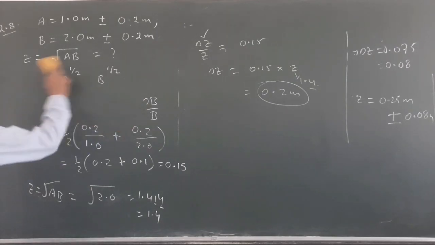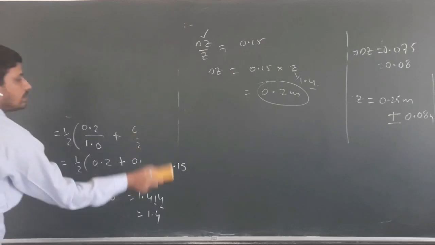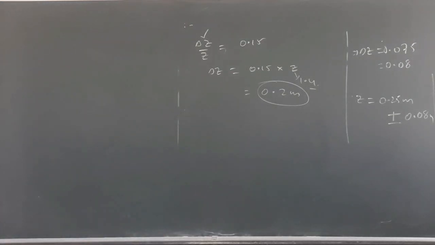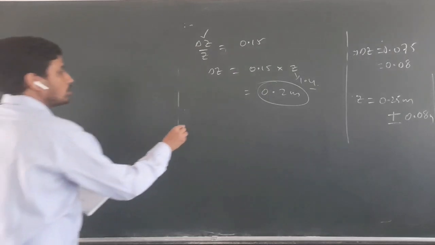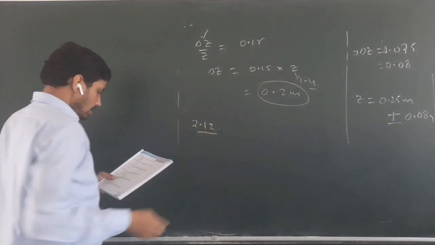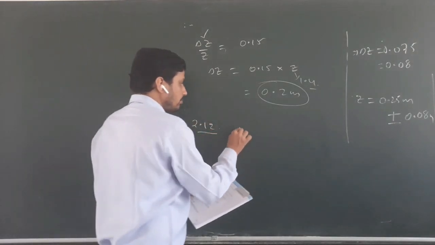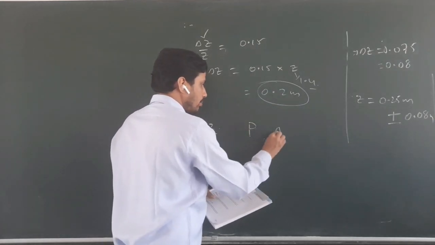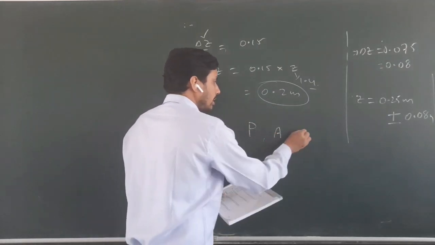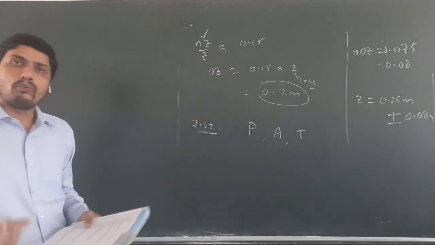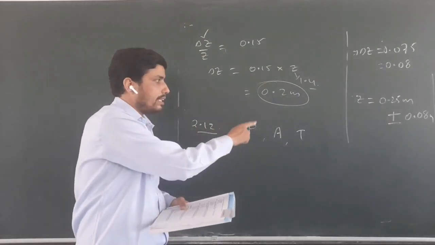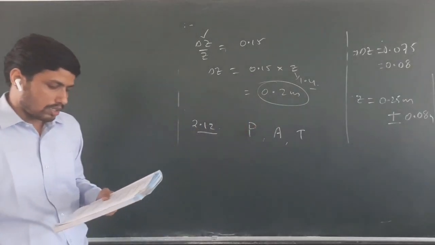Next. 2.12. It's given if momentum they have taken as P, area capital A, and time capital T are taken to be fundamental quantities. Instead of mass, length, and time, P, A, and time they have taken as fundamental quantity.